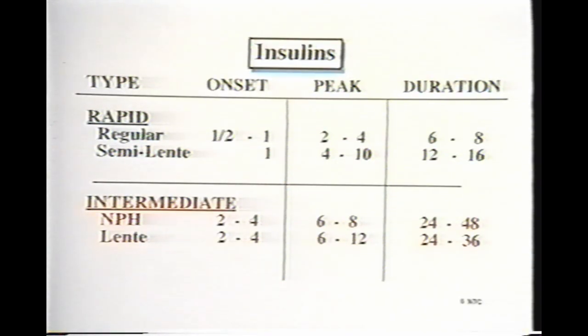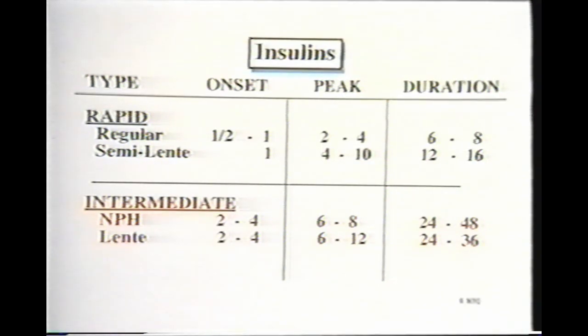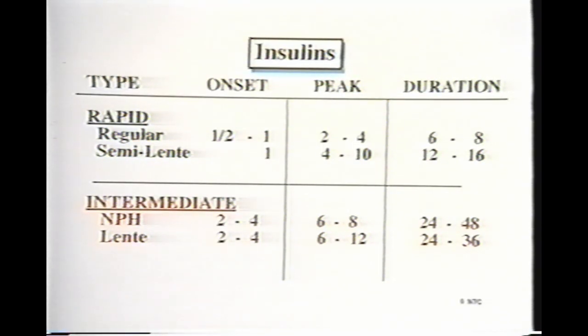You need to know peaks. Peak means when it has the maximum effect, and it's peaking in 2 to 4 hours and lasts around 6 to 8 hours. After that, it's no longer effective. They might ask you questions about this, particularly in relationship to something like the patient received regular insulin at 7:30 a.m. When would he be most apt to develop a hypoglycemic reaction?